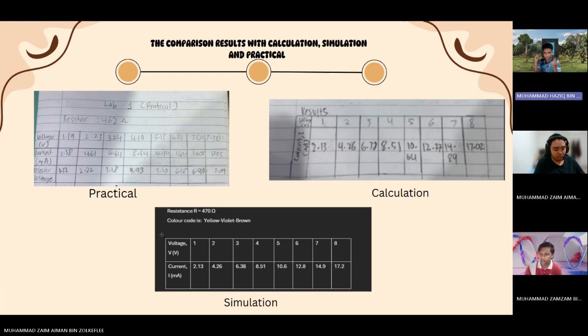So for practical, we get resistance not truly 470 ohm, but 462 ohm. And then the measurement of course is different from the calculation and simulation. Simulation and calculation give the same data. So overall it's not exact to each other. So next slide please.